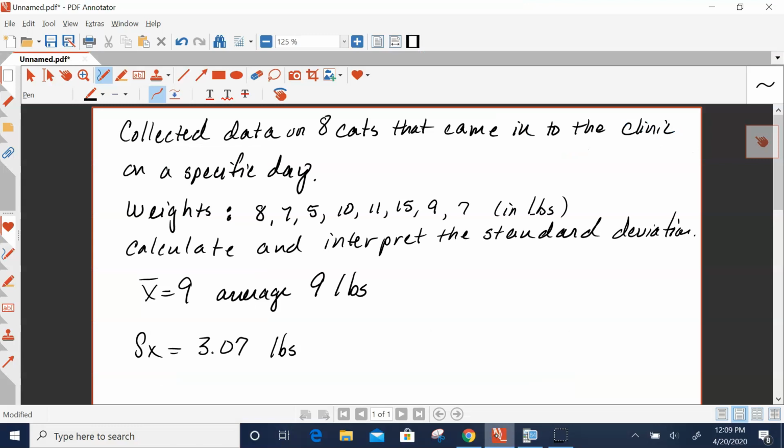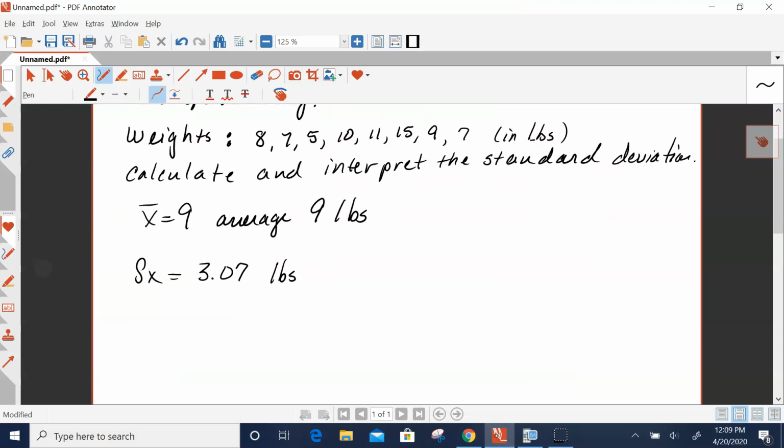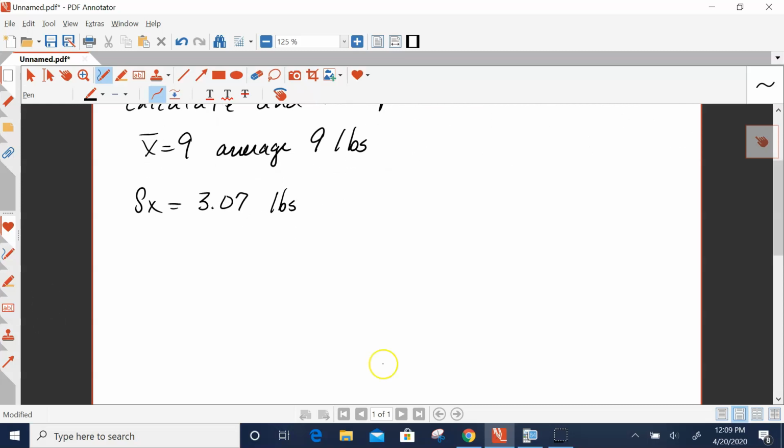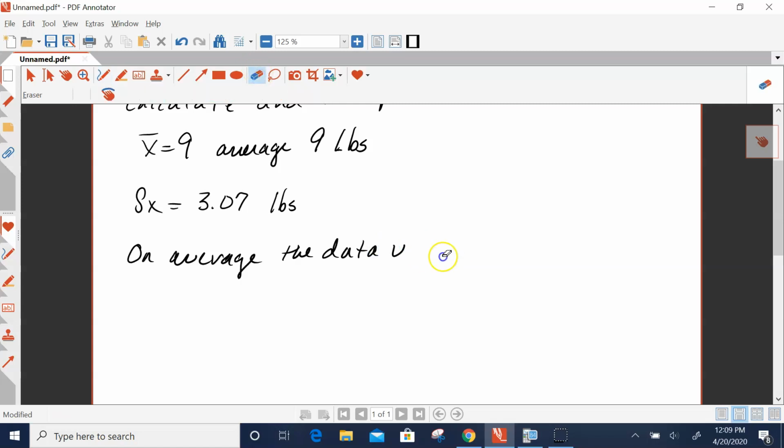Okay, so we have our results, we have the average, we have the standard deviation. This is how we interpret. Okay, so the average is 9 pounds. This is our interpretation of the standard deviation. On average, the data values, and actually in this case, we're going to be specific.